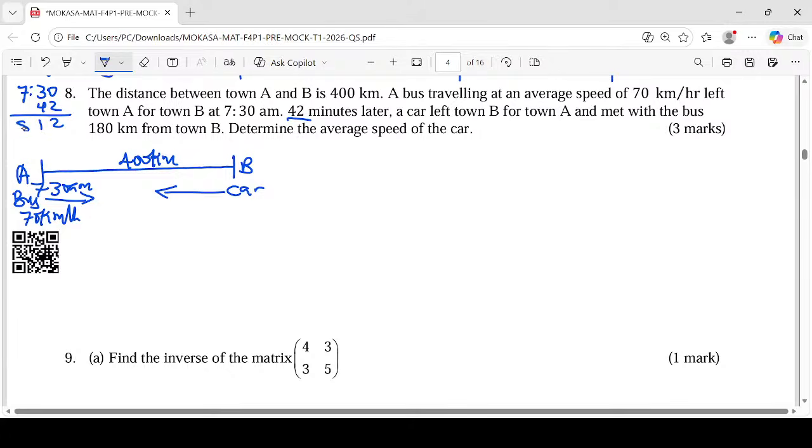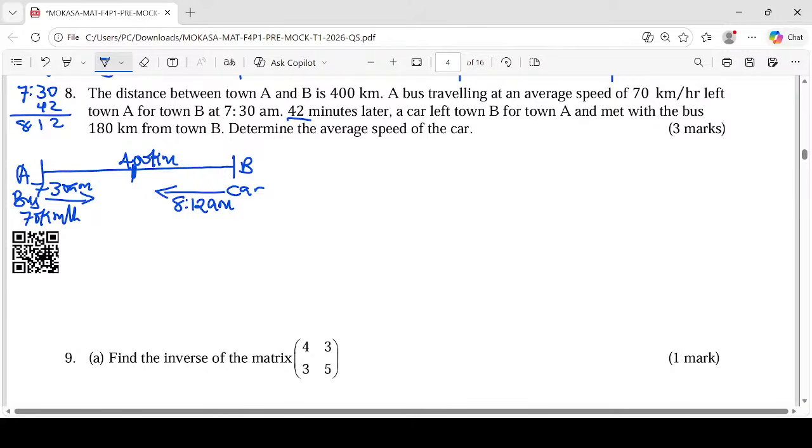So it left at 8:12 a.m. And it met with the bus at 180 kilometers from B. Determine the speed of the car.